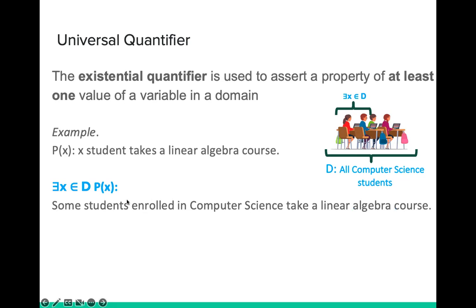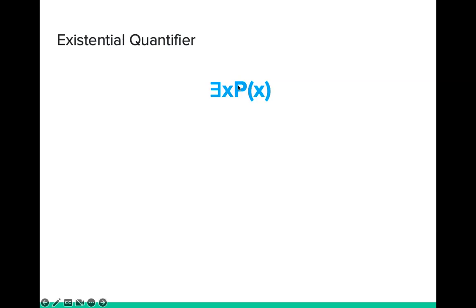Expressed in natural language, some students enrolled in computer science, or some x belonging to D, take a linear algebra course. So this phrase, "take a linear algebra course," is a certain property that students enrolled in computer science possess.